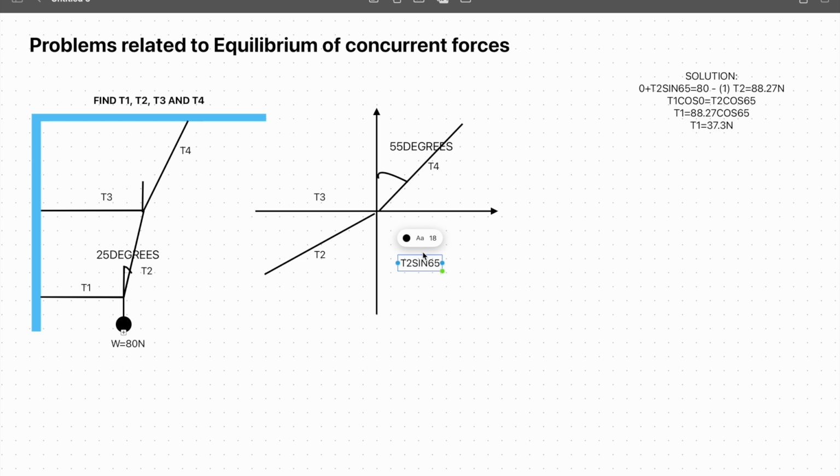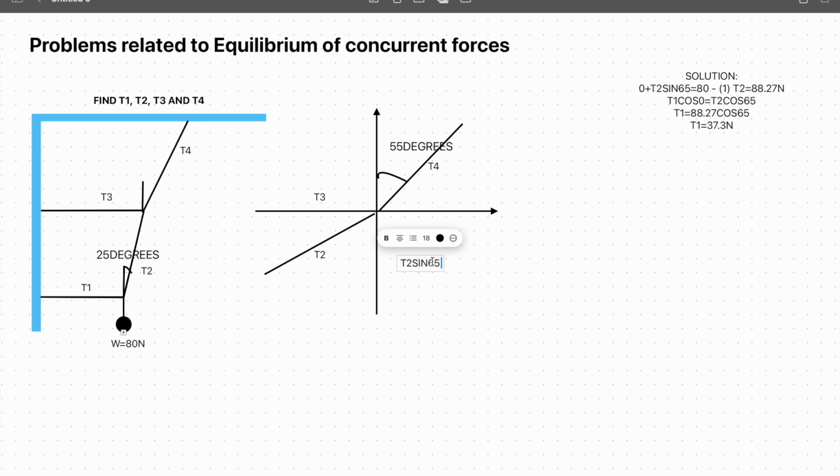So it is T2 cosine 65, actually not sine 65, actually cosine 65. This angle right here is 65, cosine 65. So we need sine 65 actually at the y-axis.